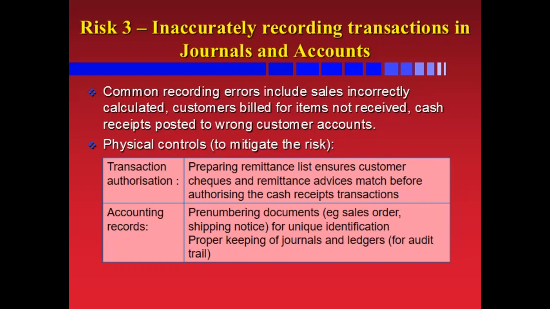In the area of proper accounting records, the use of pre-numbered documents helps to provide a unique identification for each document, and this facilitates tracing transactions and verifying financial data.